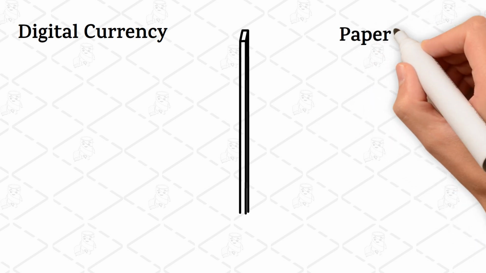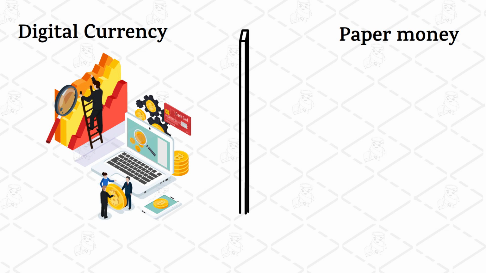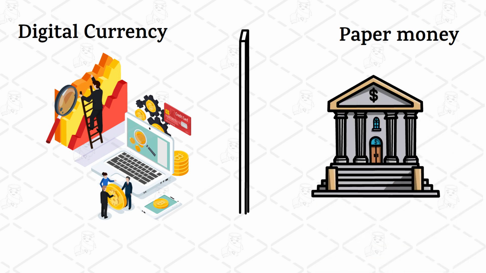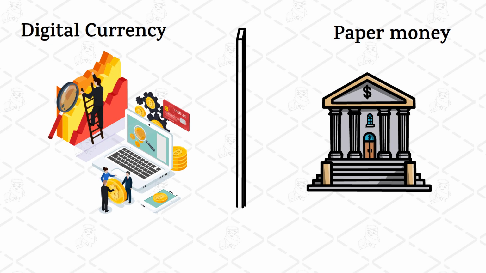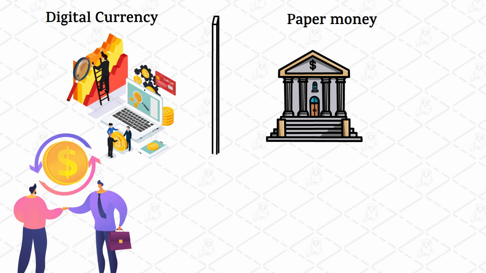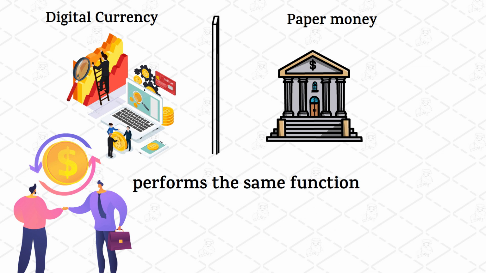Digital currency operates much more like a natural resource than does paper money, since each form of digital currency has a controlled supply, unlike central banks, which can print more or less money based on a variety of factors. Digital currencies are gaining traction as a socially accepted standard of exchange. No matter what kind of money you're using, it all performs the same function.